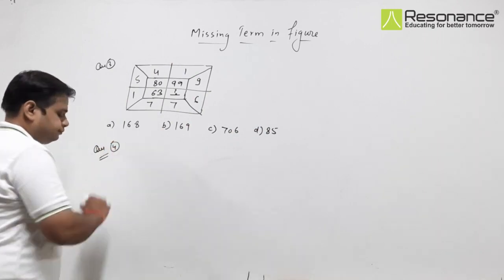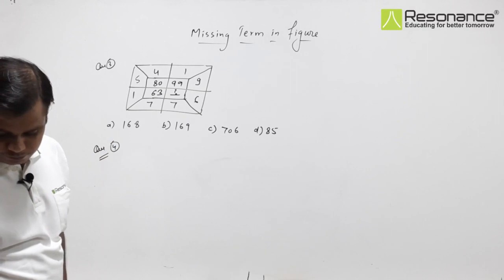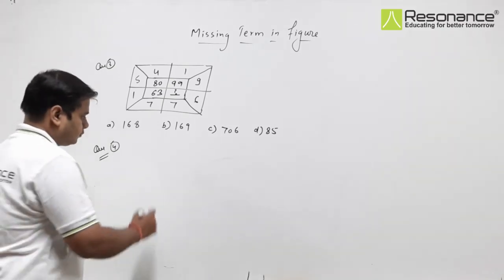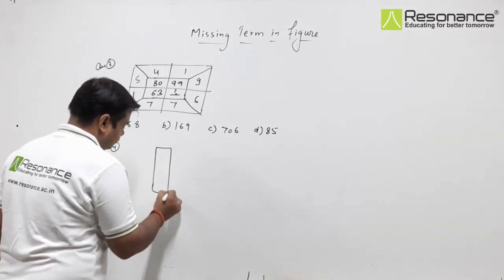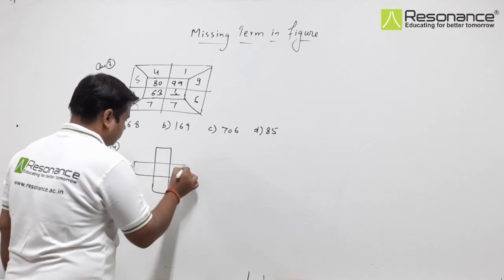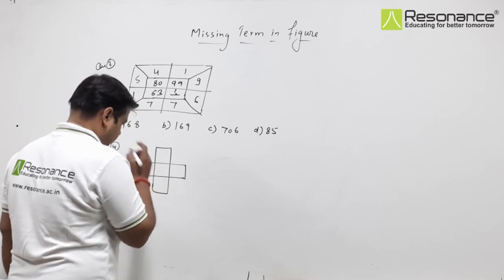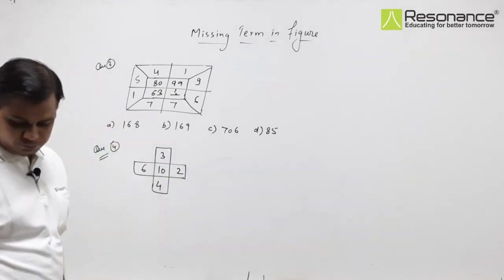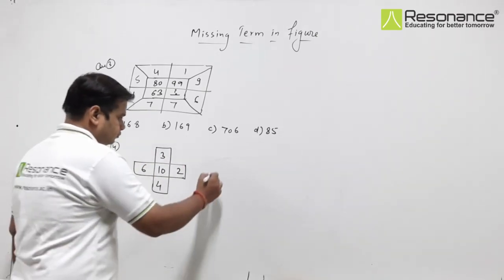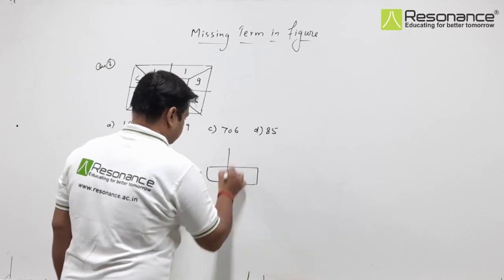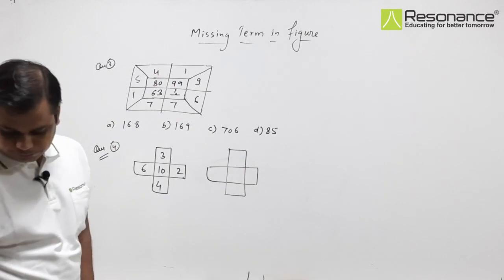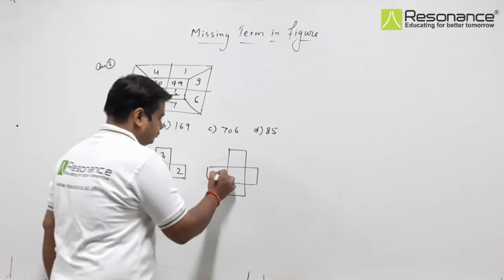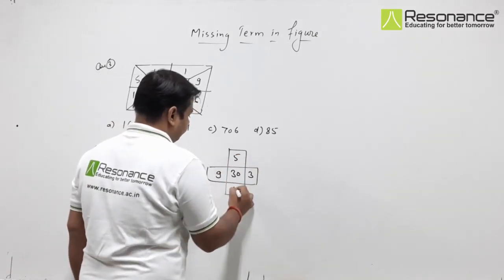Another question we have: six, 10, 2, 3, 4. Next, 9, 33, 5, 5.